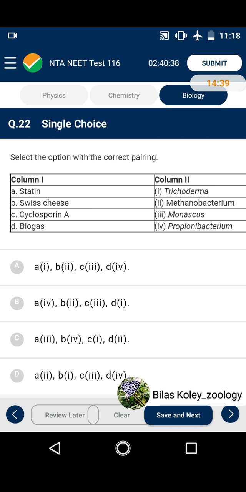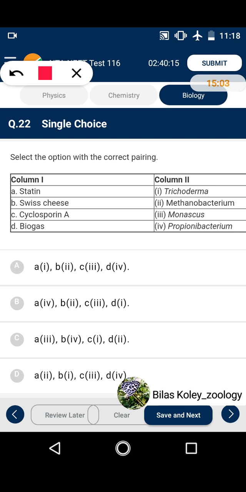In column 2, Trichoderma, Methanobacterium, Monascus and Propionibacterium. Now, if we observe this question number 22, we have to arrange column 1 and column 2 in pairing.